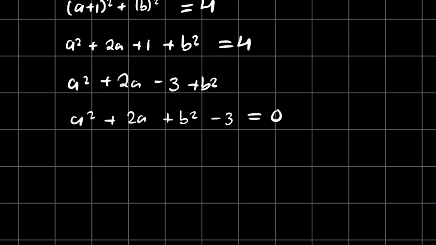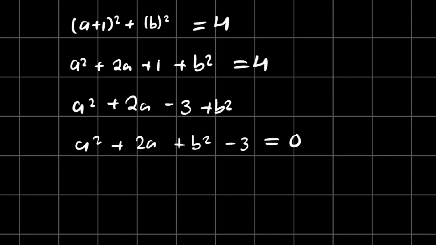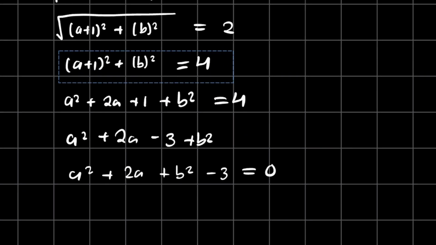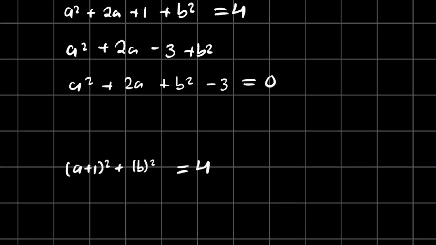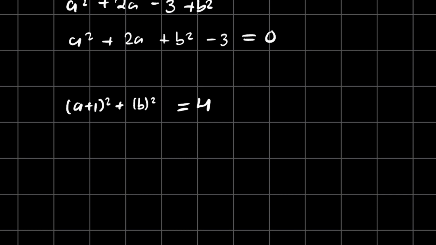But this equation, what it's telling us, if we go back to how this works, is that this is going to make a circle. Why? Well, if we remember, the center form of a circle is normally (a minus h) squared plus (b minus k) squared is equal to r squared.